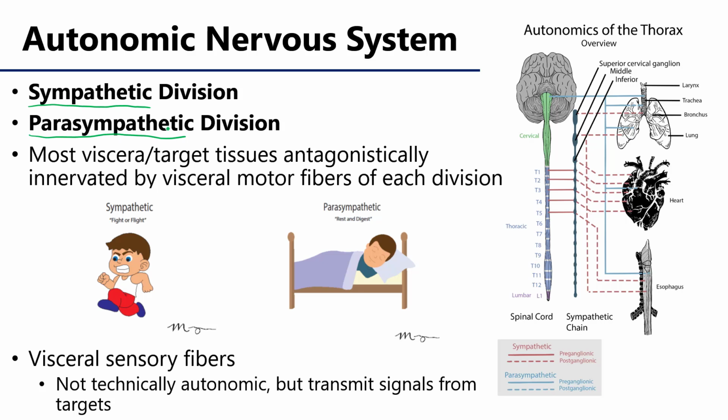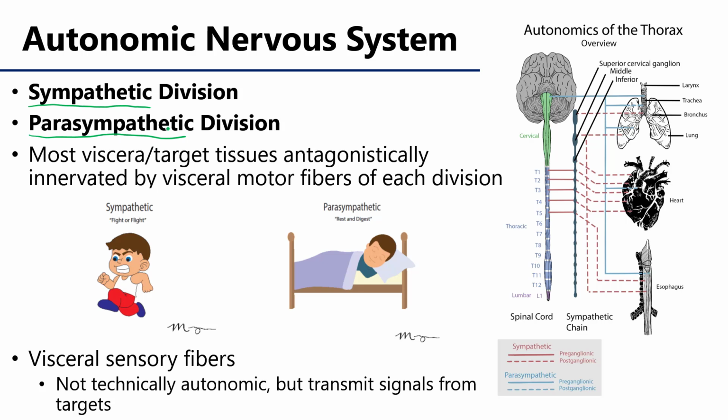And those postganglionic fibers then are going to innervate the target tissue. There are also visceral sensory fibers, which aren't technically autonomic fibers, but they're going to transmit back afferent information to the central nervous system from the target.